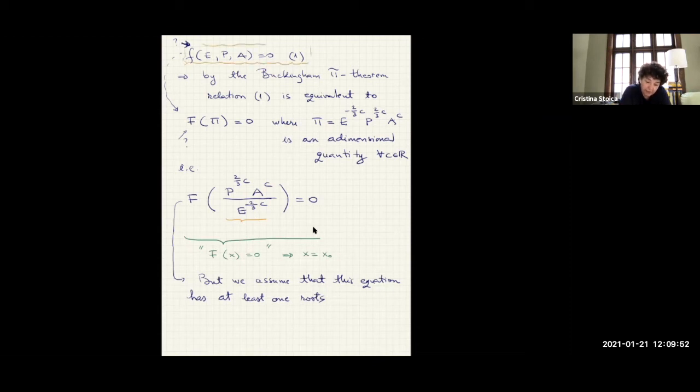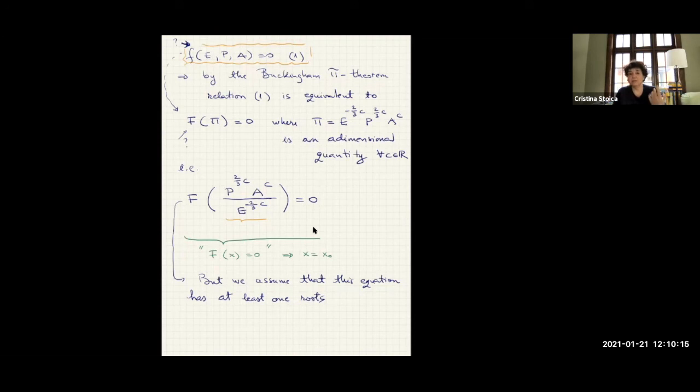So there should be a law in algebraic terms. Essentially, there is a combination of the variables that, when you put it into F, gives the roots of F of the variables equals 0. When we do dimensional analysis, we end up with an equation in one variable.